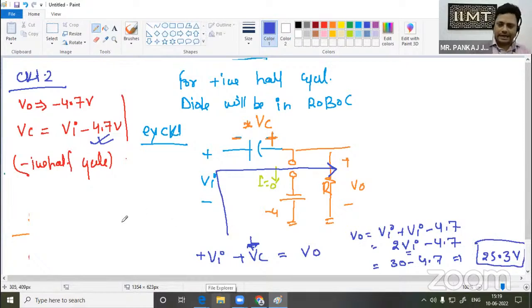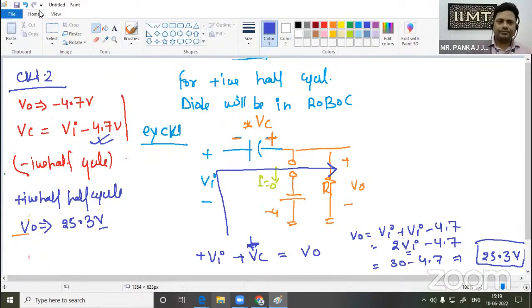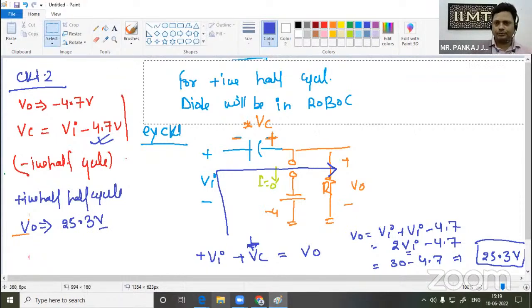Clear? So at last step, we will make its input output waveform. So here in positive half cycle, we are having our output that is 25.3 volt. I'm going to draw its input output waveform.